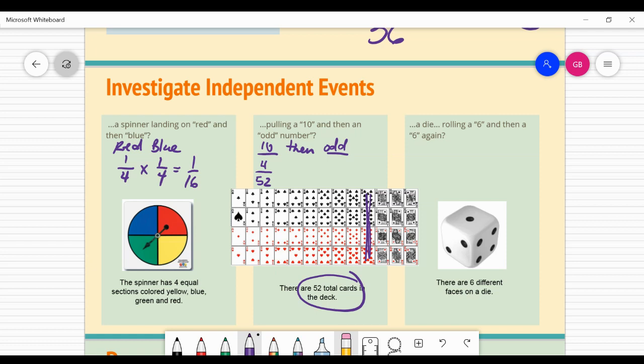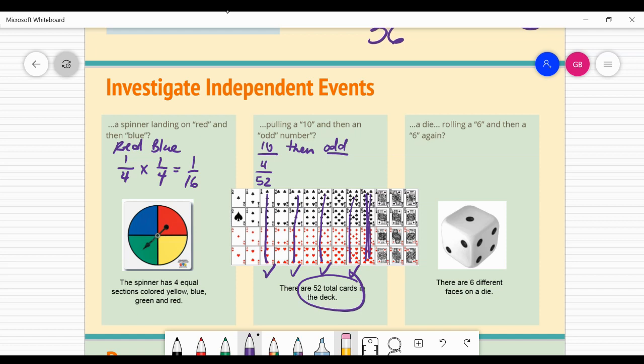So odd numbers, there's threes, fives, sevens, and nines. Those are the odd numbers. So there's four of each. So 4, 8, 12, 16.